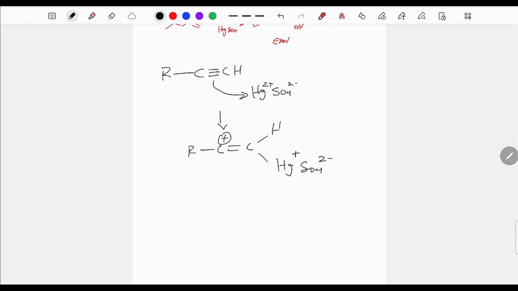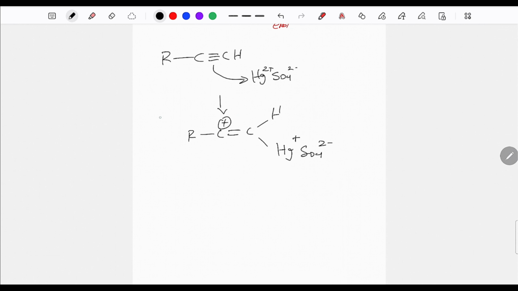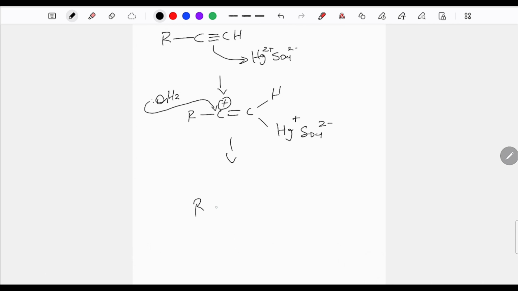And what is going to happen to this carbocation? Well, a water is actually going to come in here and attach itself to this carbon. And so now I'm going to get R, carbon attached to this OH, H plus, still double bonded to this hydrogen and my mercury plus SO4 2 minus.